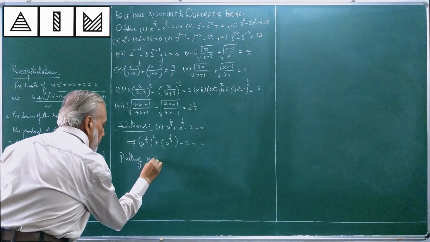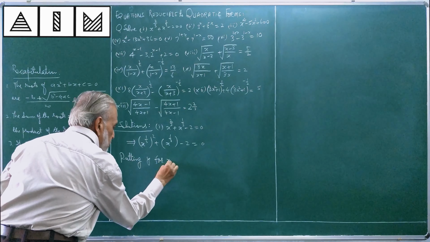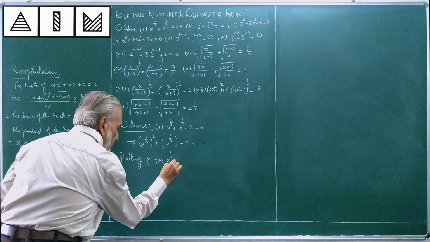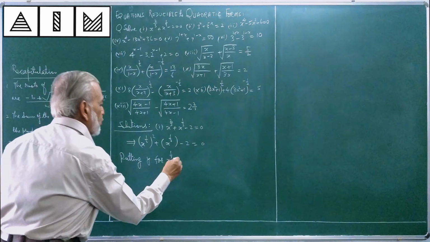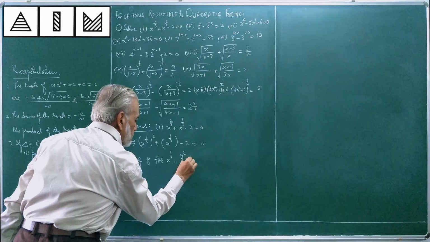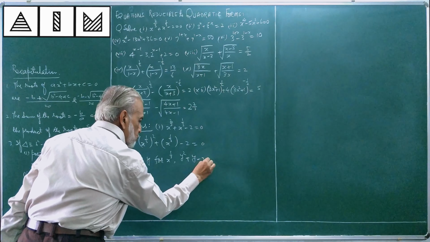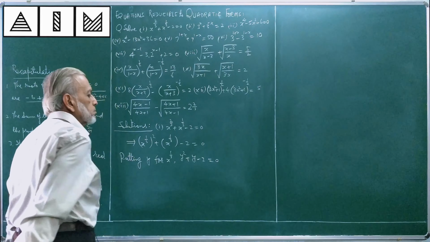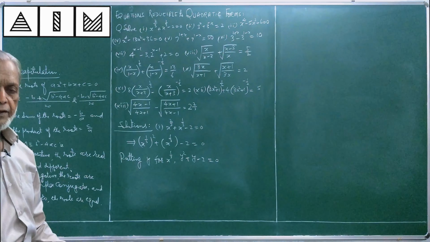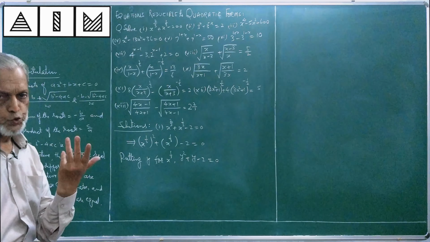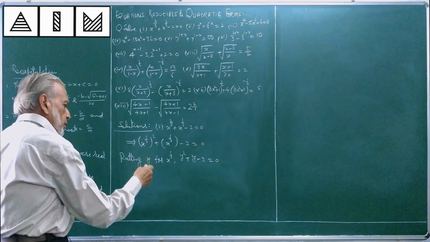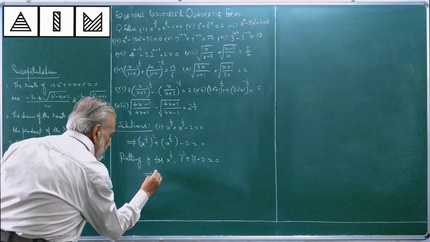Putting y for x power 1 by 3, this will become y square plus y minus 2 is equal to 0. This you can solve by factorization or by quadratic formula, whichever you choose convenient. I am solving by factorization, please see.